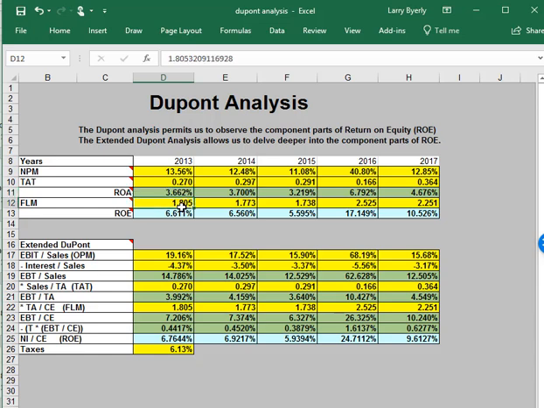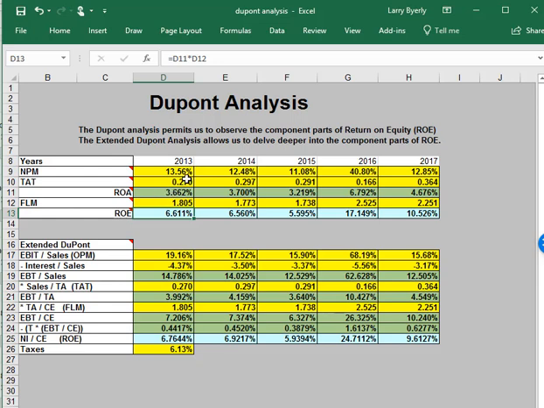The financial leverage multiplier, again, tells us about how much debt the company has. When you multiply that times the return on assets, you get return on equity. So in this case, the return on equity for the company is 6.61%.